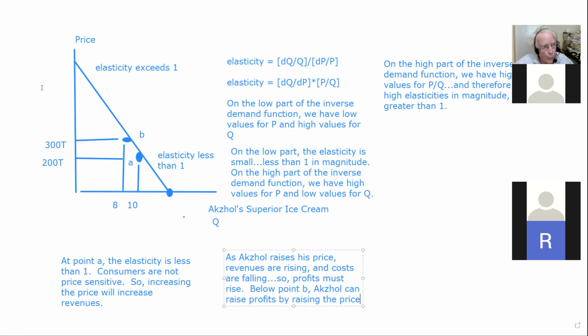So no point on the lower part of that function can maximize price. It follows then that the monopolist will increase the price until he is in the price-sensitive zone of the inverse demand function.